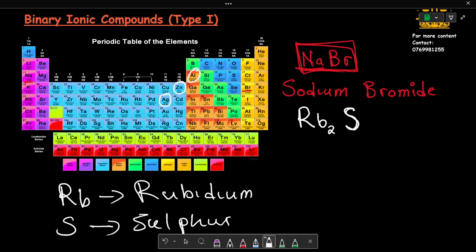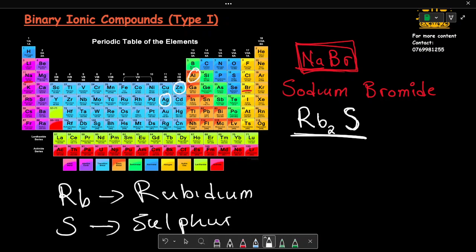So for the name of this compound that they've given us, the first part will come from the metal. It doesn't matter what subscript it has, whether it had 3 or there was no subscript. When it comes to naming binary ionic compounds of type 1, it doesn't matter what subscript either the metal or the non-metal has.